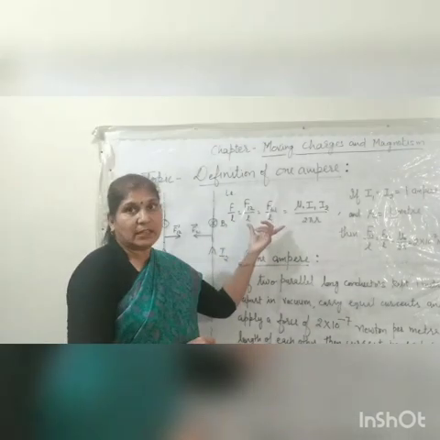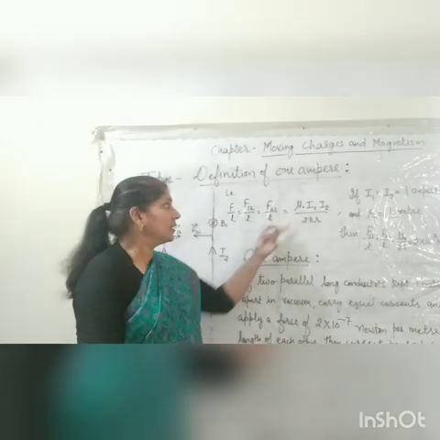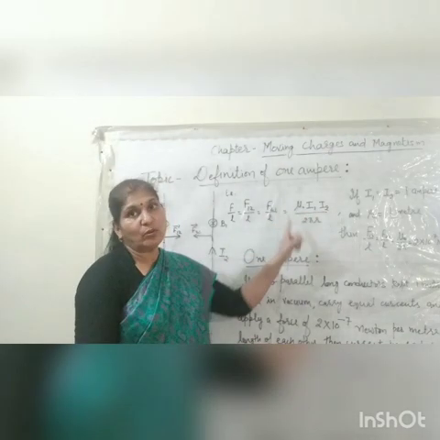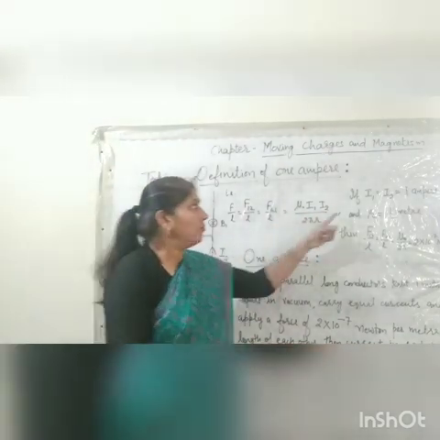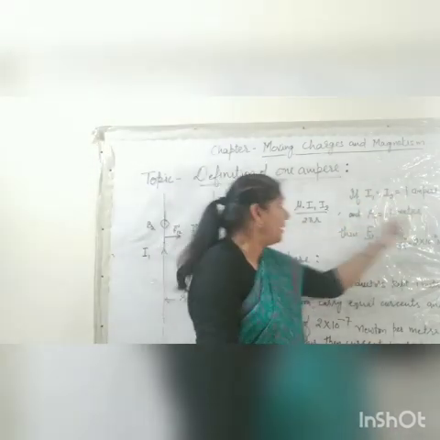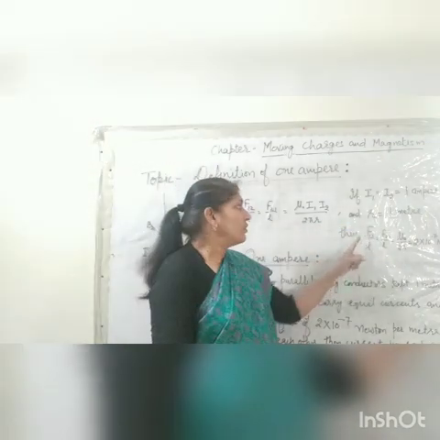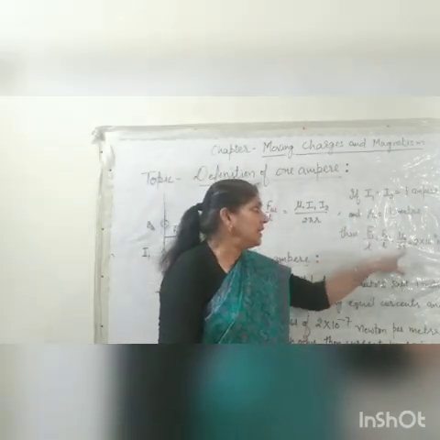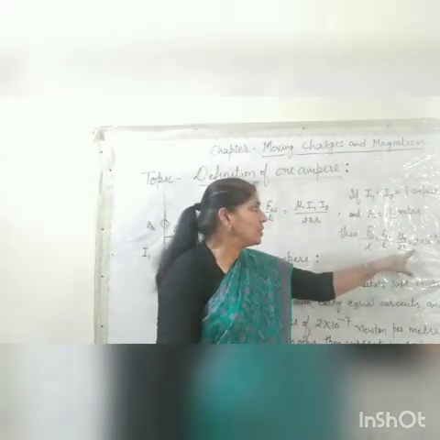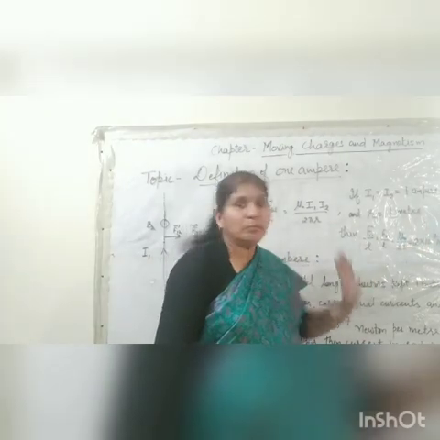Because as I have told you, the force per unit length of each conductor is mu naught I1 I2 upon 2 pi r. And if both conductors carry equal current of 1 ampere and the separation between them r is 1 meter, we get force per unit length as mu naught upon 2 pi, which is equal to 2 into 10 raised to the power minus 7 Newton per meter.